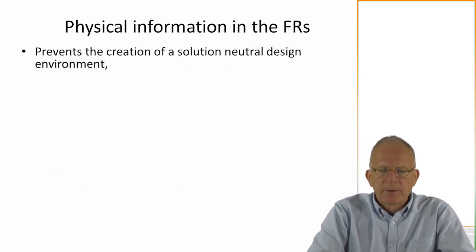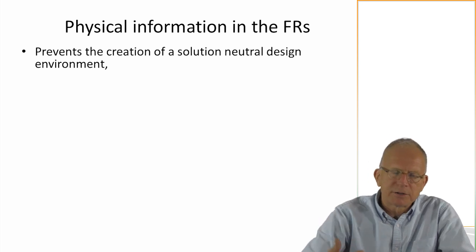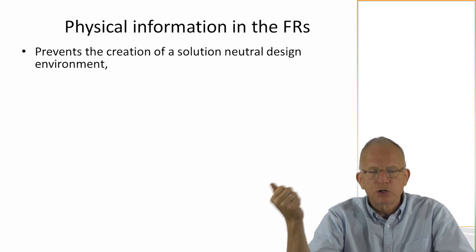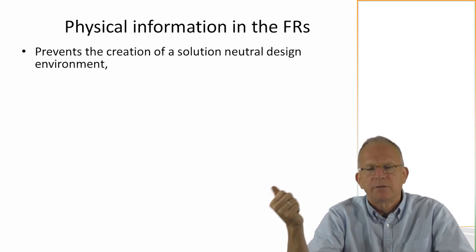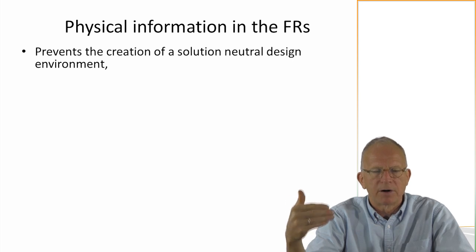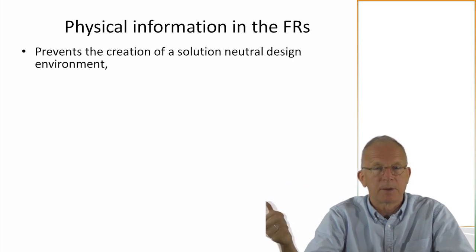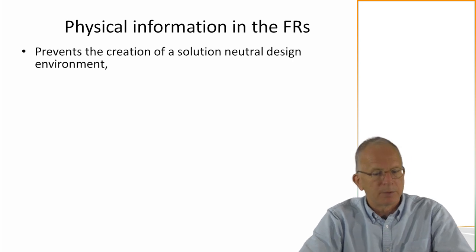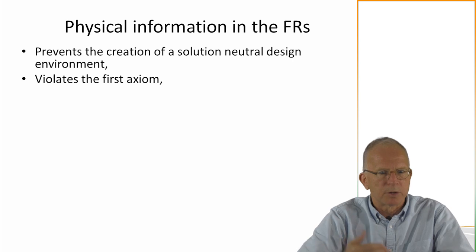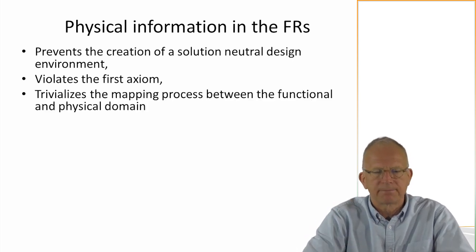So physical information in the FRs, if we put too much physical information in the FRs, we lose the solution-neutral environment for developing the FRs, and we restrict our design space. And so this will keep us from developing the optimal design. As Professor Thompson points out, this violates the first axiom.